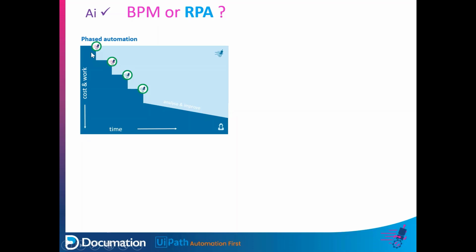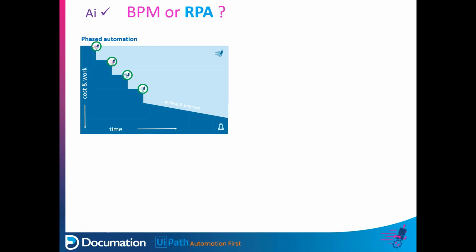Phasing your automation project allows you to reduce AP time and workload and reduce your costs incrementally. So each time we introduce some automation, we reduce our cost and workload, we free up people's time to take the next step in the automation and so on.